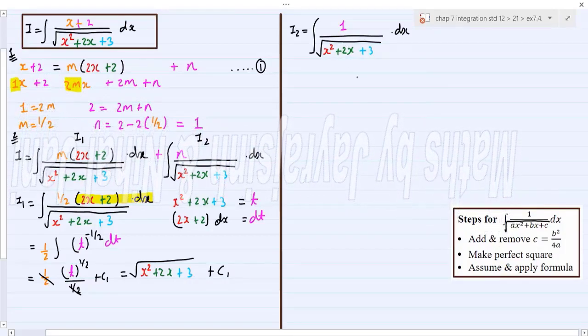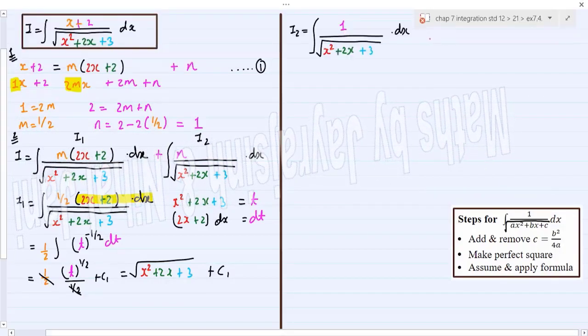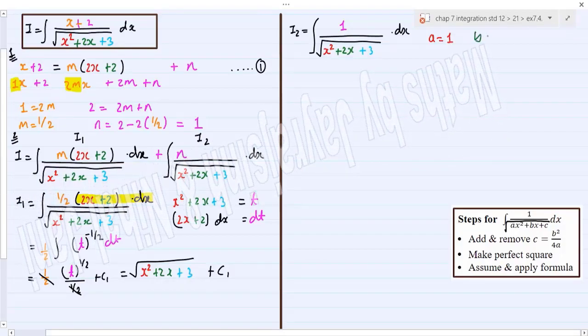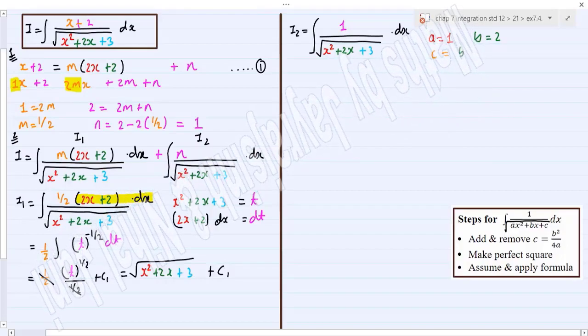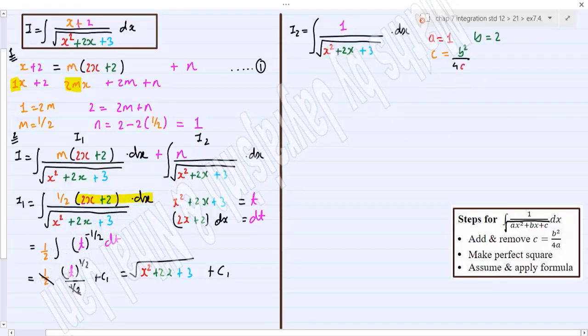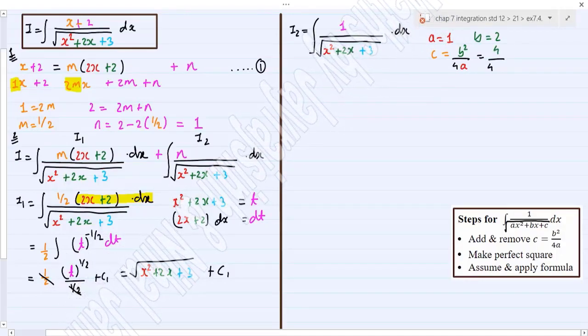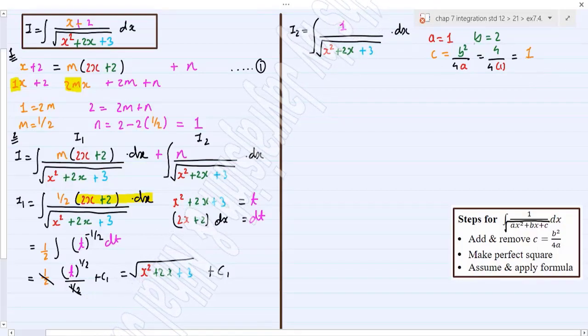And to integrate this term, we need to get the required last term. So let's get the coefficient of x square, which is 1, coefficient of x, which is 2. So we can get our last term using b square upon 4a. 4 upon 4 times 1 will give us 1 as a required last term.